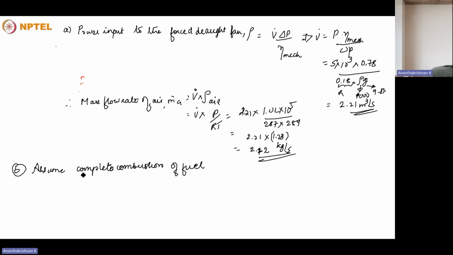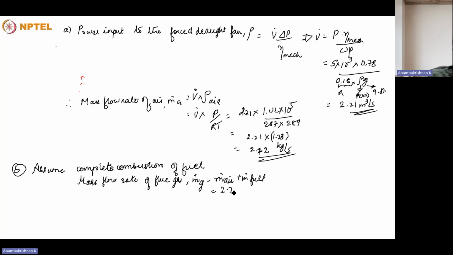So the mass flow rate of the flue gas, m dot gas, could be written as m dot air plus m dot fuel.